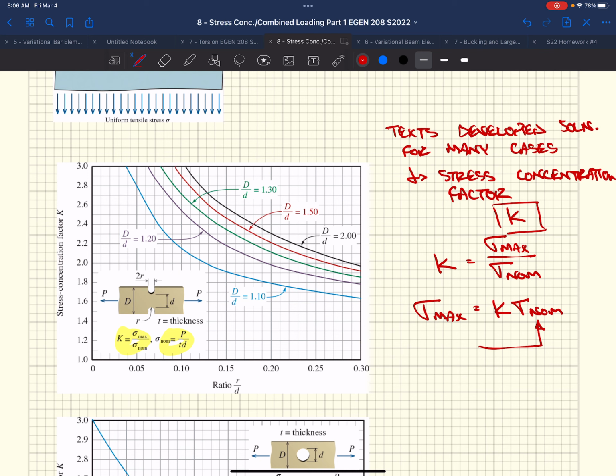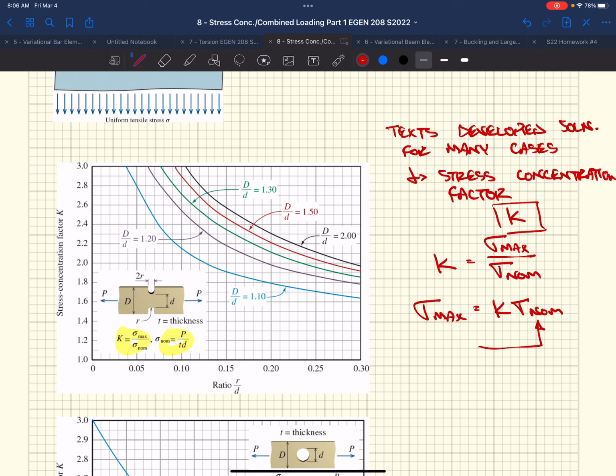Is this the same K as we've been using in the... No. As columns, yeah. Different K. The K in columns is what we would call our effective length factor, right? We talked about how in columns that K essentially adjusts the equation to represent the boundary conditions or the fixity of the column that we're analyzing, right?